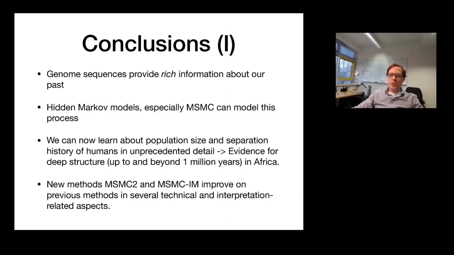So conclusions, yes, I said that genome sequences provide rich information about our past. These methods like MSMC can model that efficiently, and we can now learn about these demographic history, but also population structure with more details, and potentially reveal some signals up to 1 million years ago, which is arguably new.